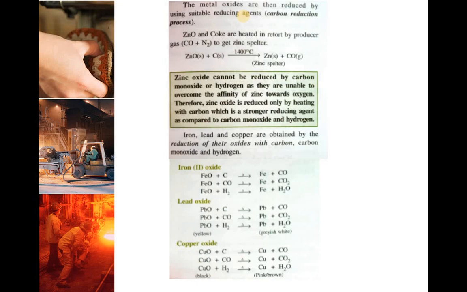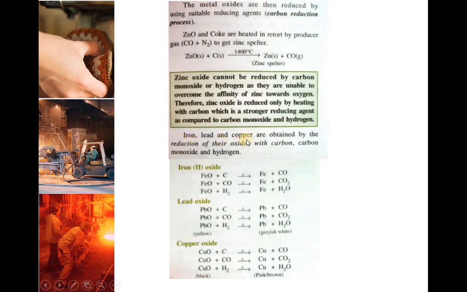Zinc oxide and coke are heated here at around 1400 degrees Celsius. You will get zinc, which is called zinc spelter. Zinc oxide cannot be reduced by carbon monoxide or hydrogen, as they are unable to overcome the affinity of zinc towards oxygen. So zinc oxide is reduced only by heating with carbon, which is a very strong reducing agent as compared to carbon monoxide and hydrogen.